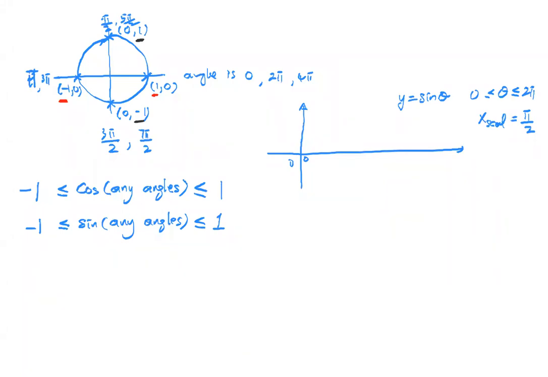Okay. So you see, they will have this mark, this mark, this mark, and this mark, correct? Sin 0 is 0. Sin pi by 2 is 1. So usually when I sketch, this is 1. The lowest is -1.